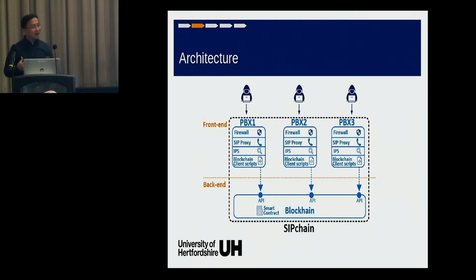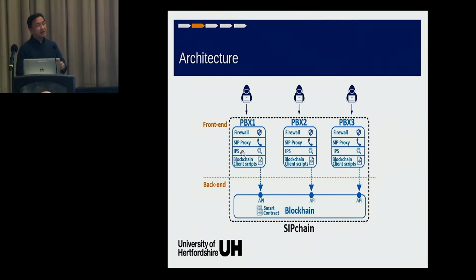And I'm not a database person. I want to be able to utilize this for this purpose, right? So front end and back end. When your PBX gets hacked, the SIP proxy will be able to detect there's an attack going on, and usually it will write a log in the log file.